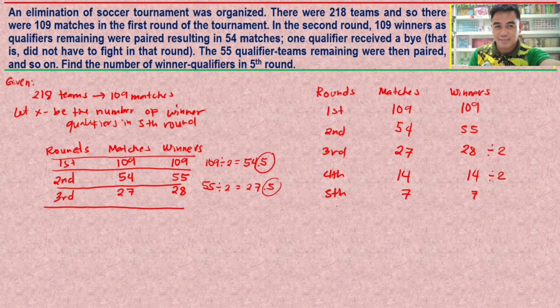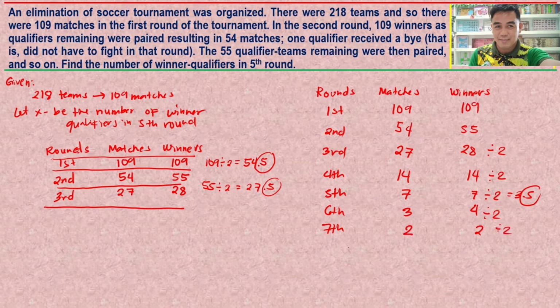If we're going to continue it on the 6th round, 7 divided by 2, that is 3.5. In short, we can have 3 pairs, but the winners are 4 because of the 0.5. If we go further, 4 divided by 2 is 2. Expectedly, there will be 2 winners.